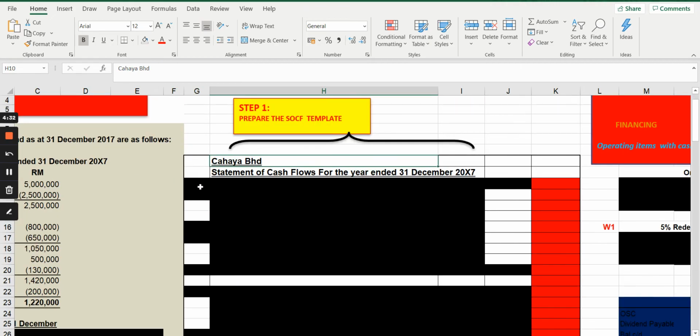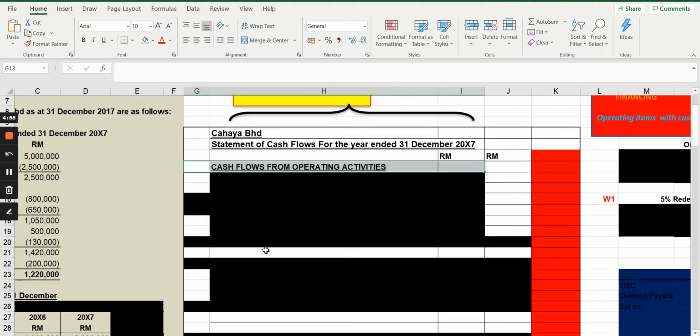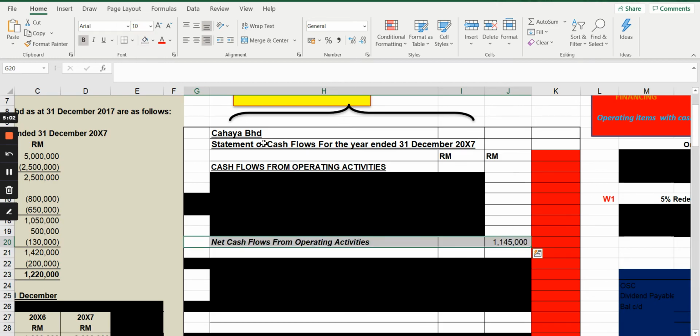Because this statement of cash flow is divided into 4 sections, the first part is the currency, of course, in Malaysia. The currency is Ringgit Malaysia, RM. This will show you the first activities of the cash flow, which is the cash flows from operating activities. At the end, you should get the net cash flow from operating activities, and we're going to see what we should include here.